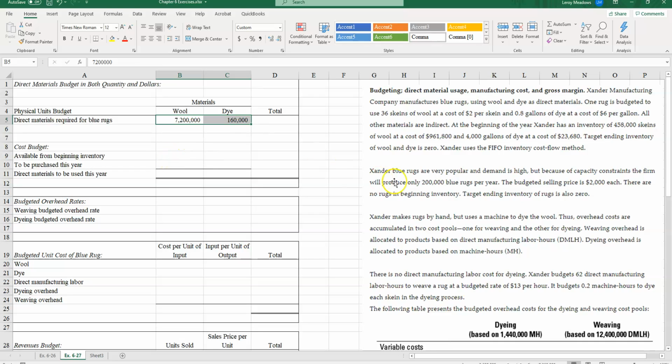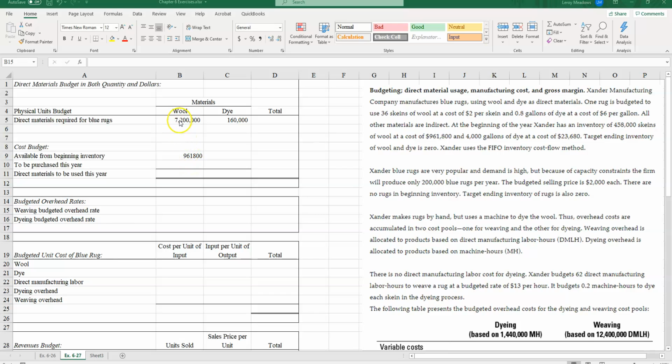Well, it tells us that at the beginning of the year, Zander has 458,000 skeins of wool at a cost of $961,800. So that's how much I have here, $961,800. Okay, and now I need to know, how many do I have to purchase?